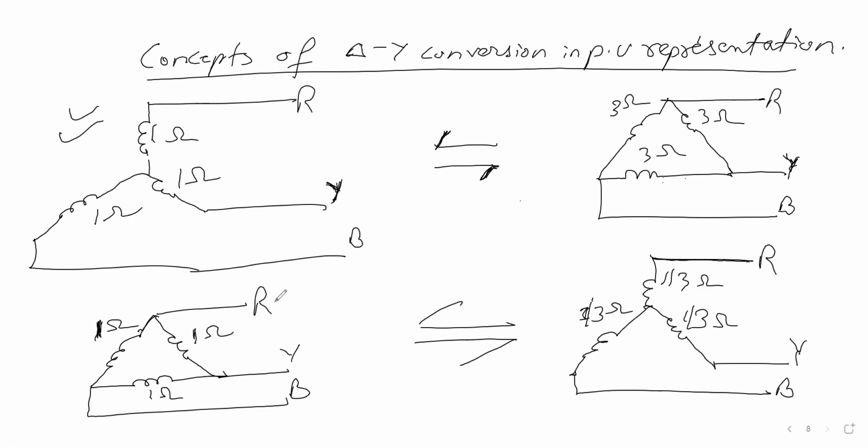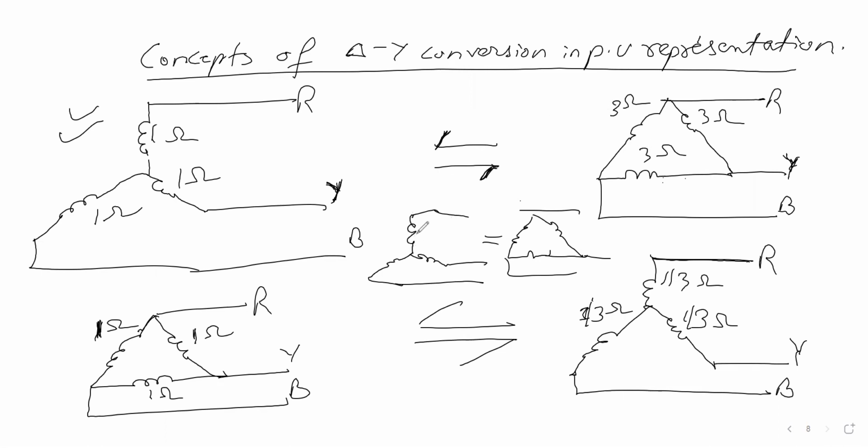So both are not the same, but in per unit system, if we have converted this into per unit, your star and delta would be the same. So you do not require to convert or multiply.